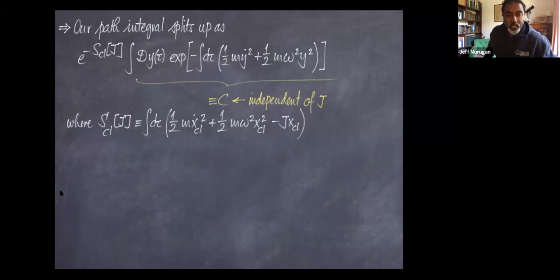Okay, so this is the Euclidean action that's evaluated on the classical solution.